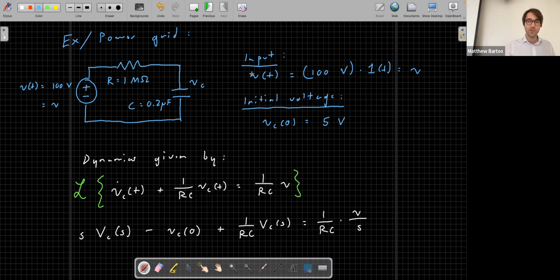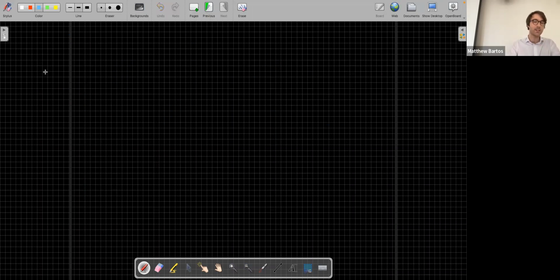Okay, so now we can take this expression and factor out VC of S. So let's go and do that. If we factor out VC of S, we get S plus 1 over RC, quantity all times VC of S, is equal to V over RC times 1 over S, plus our initial conditions VC of 0.